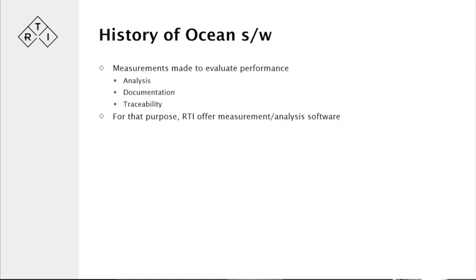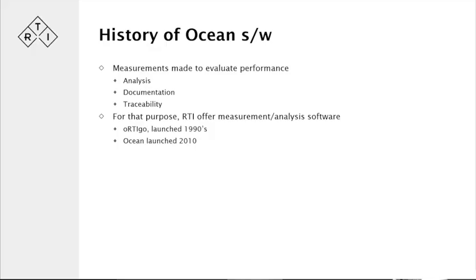So for that purpose, we've offered measurement software and analysis software since way back. The first one that many of us here remember is Ortigo, which was launched in the late 1990s. So that's 25 years ago, basically. We started with software types.